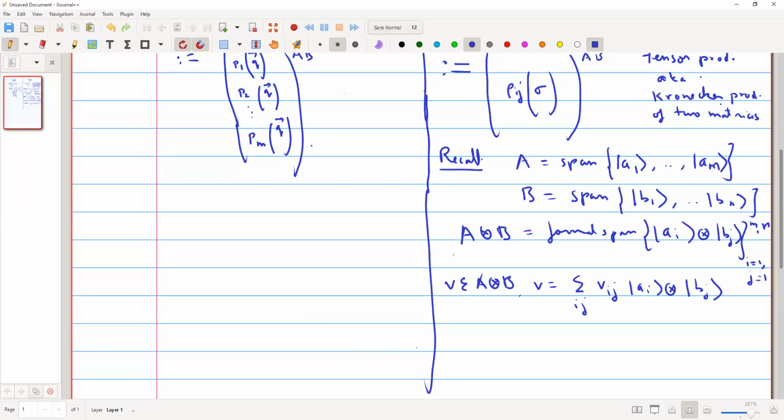If I have to write it as an n-tuple, this is on the system AB, so I write it as V_ij.